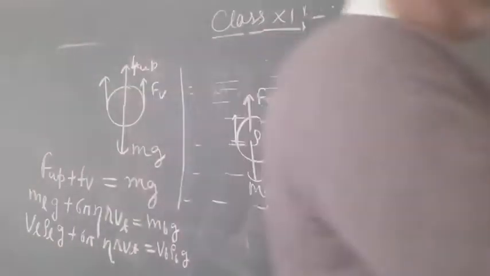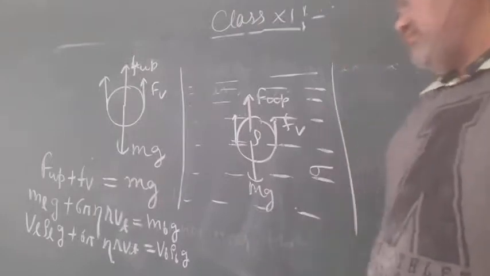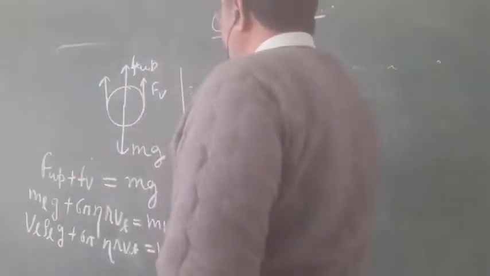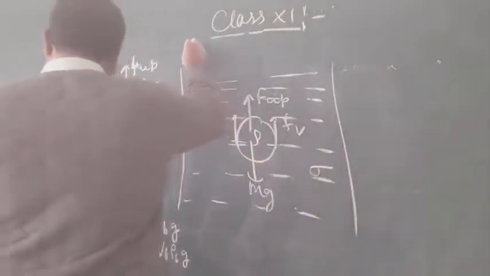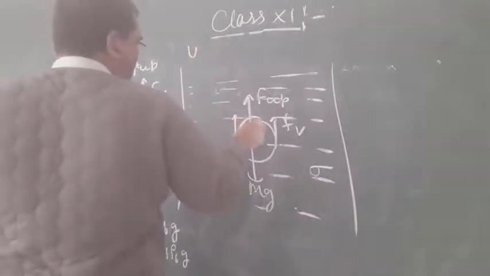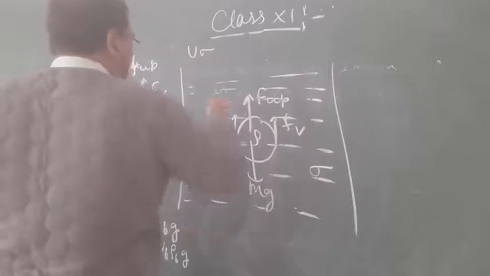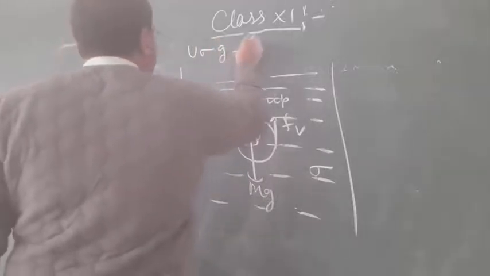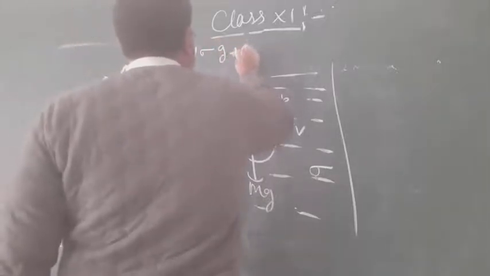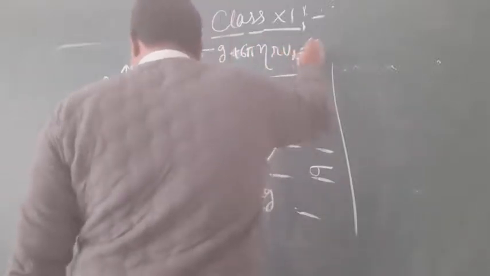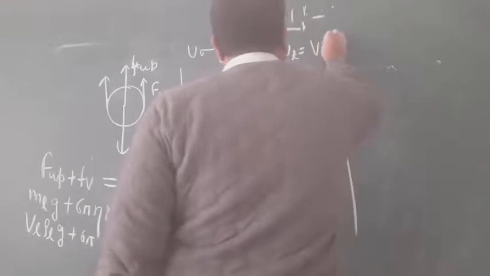And the volume is the same here. Let it be V, so you can write V times sigma, the density of the liquid, times g, plus 6 pi eta r v_t equals V rho g.